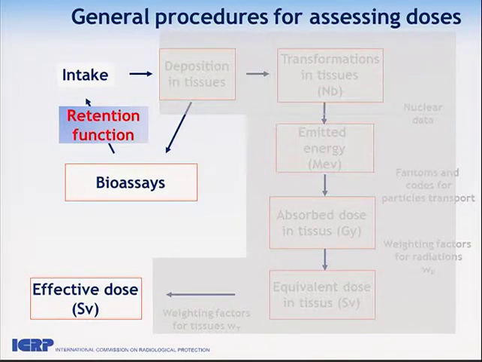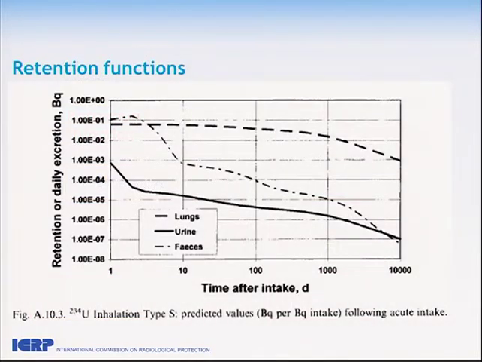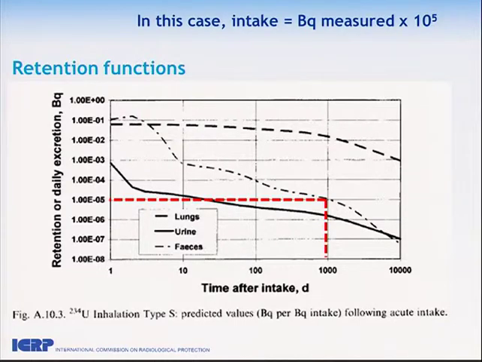You can go back to the intake by using the retention function, which has the form of this curve. These curves tell you, at any time after contamination, what the amount of radioactivity should be in one organ, in one bioassay, after a unit intake. For example, here I've taken the curve for uranium-234 after inhalation of a compound which is insoluble.